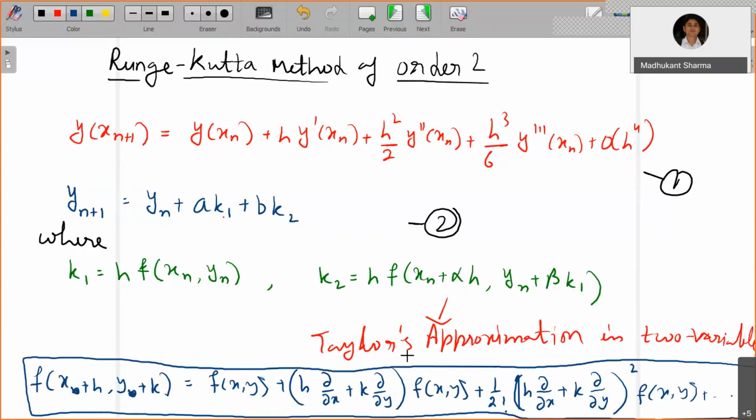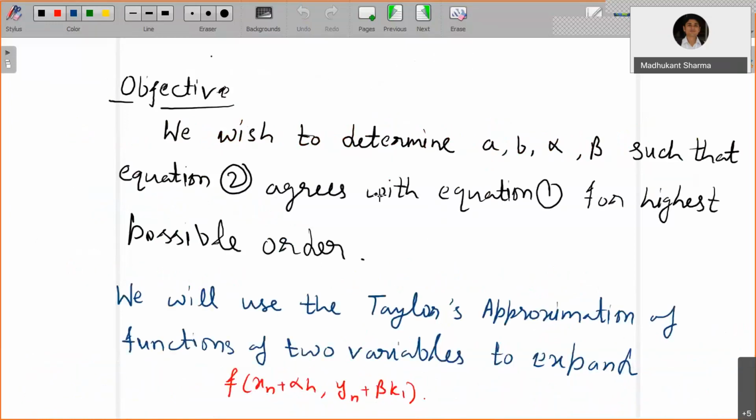Now if you replace x by xn plus alpha h and y by yn plus beta k1, we wish to determine a, b, alpha and beta such that equation 2 agrees with equation 1 for the highest possible order. So we will use the Taylor's approximation of functions of two variables to expand this.